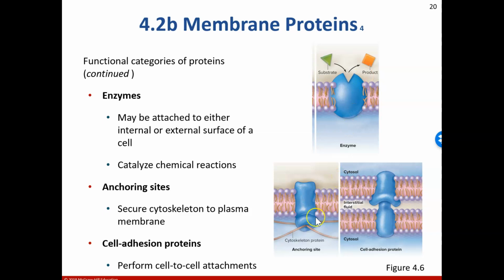We can also have these anchoring sites where we can secure cytoskeletal structures or proteins to the plasma membrane. And lastly, we can have these cell adhesion proteins that are going to perform cell-to-cell attachments.